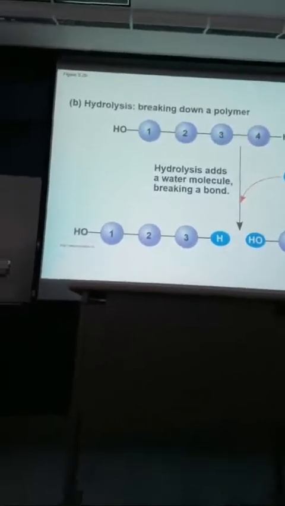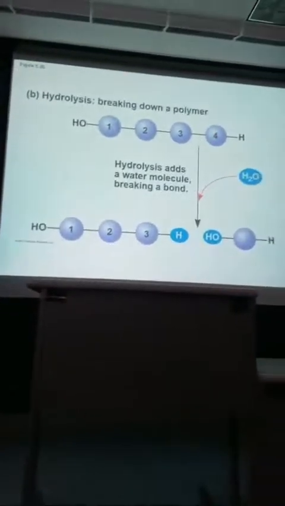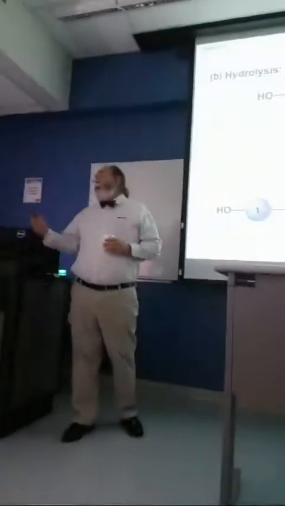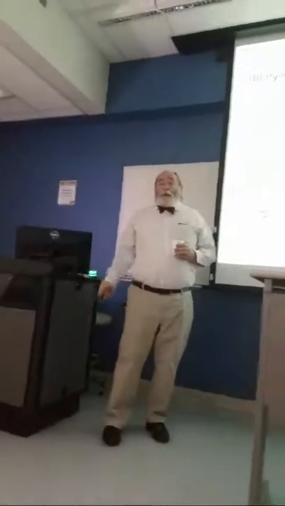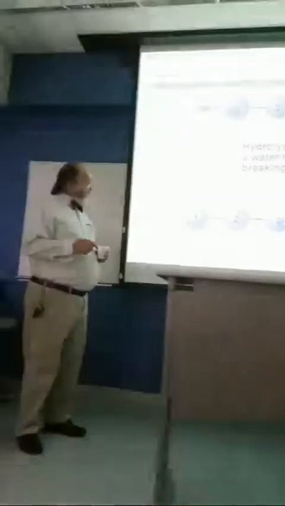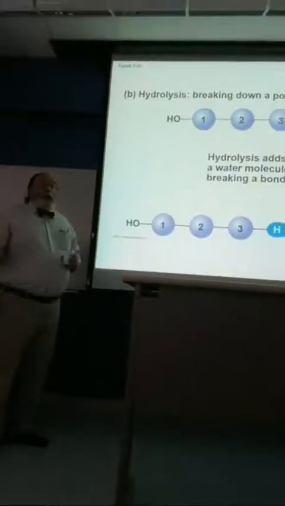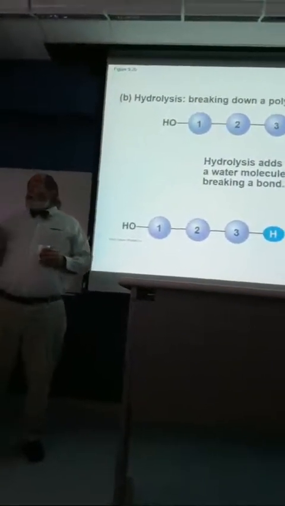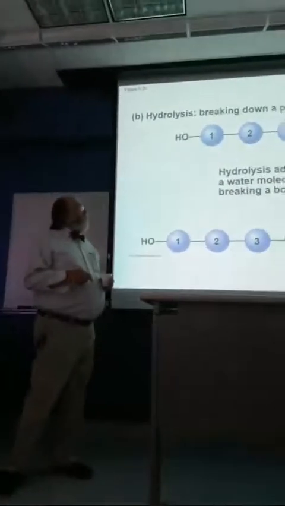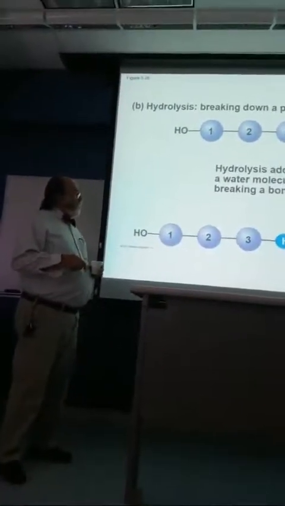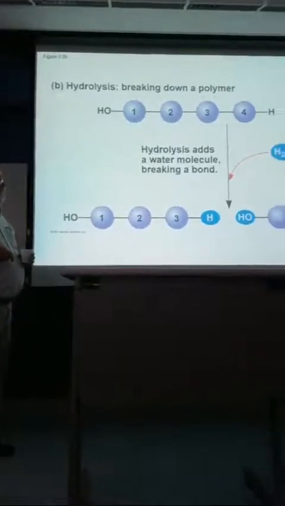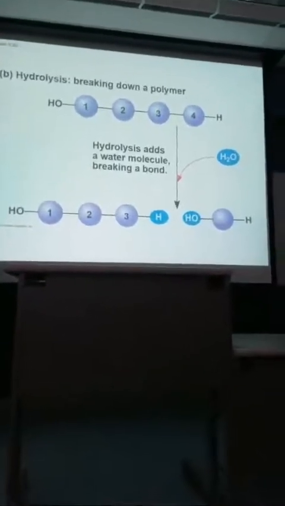So if we are going to take this monomer off, let's say that is glucose from a carbohydrate, we're breaking it apart so your body can use it for energy. When that is broken apart, look what has to happen. We've now messed up the octet rule and neutrality of the electrons and the charges. So we have to have water come into the system, add a hydroxide, and then add a hydrogen here so those two can separate.